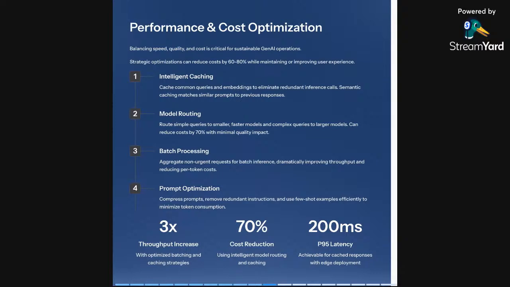By utilizing those common queries and embeddings, we can eliminate inference calls, and semantic search improves the system drastically. While using model routing, we can route simpler queries to a smaller model, and whenever we have complex queries, we can break them down, and that can reduce the cost by up to 70%.